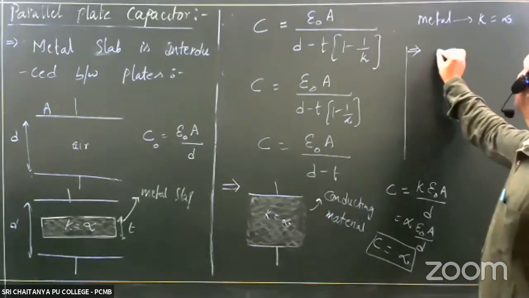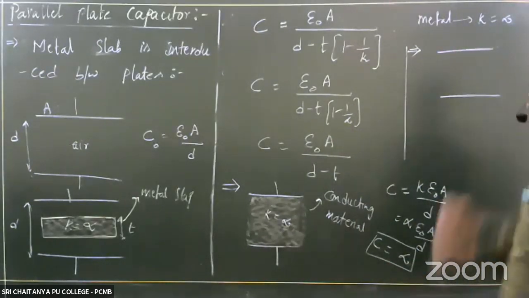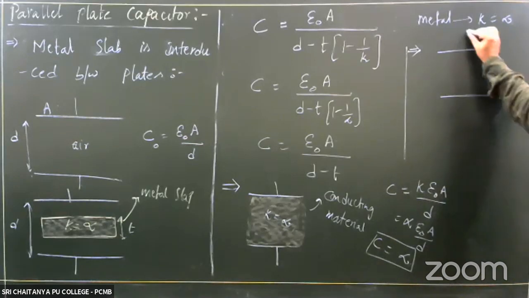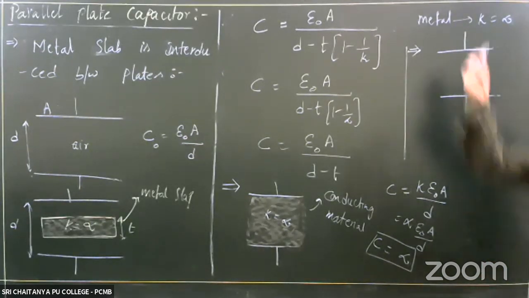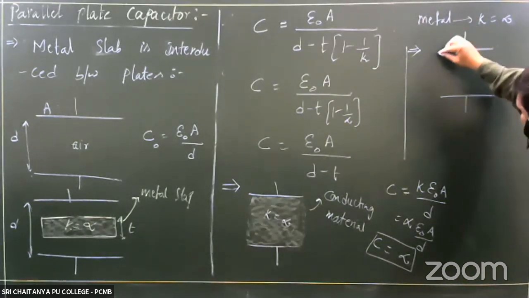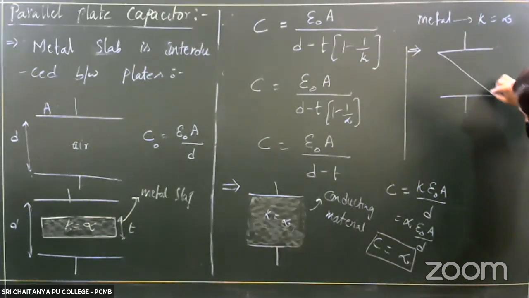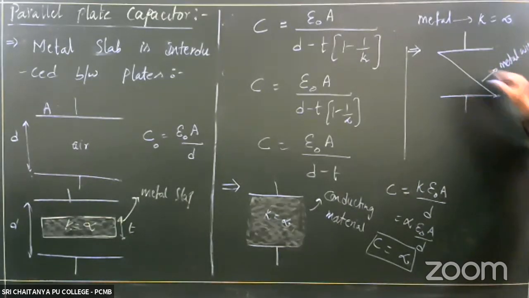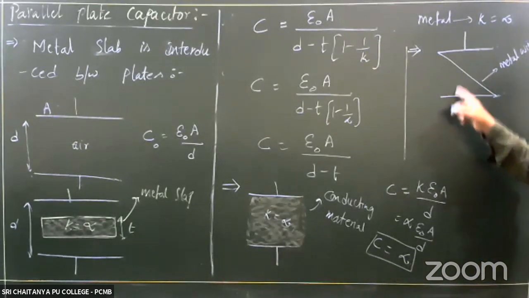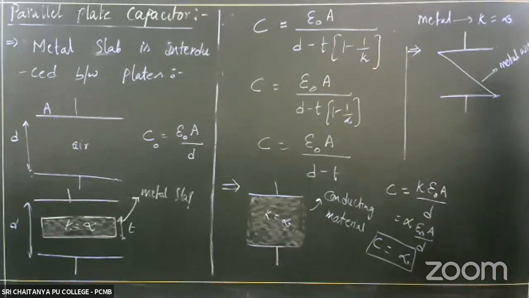In the same way, this is one metal plate, this is another metal plate. Now these are joined with a metal wire, like this or like this. They joined with a metal wire. These two plates are joined with a metal wire. Then what is the capacity?